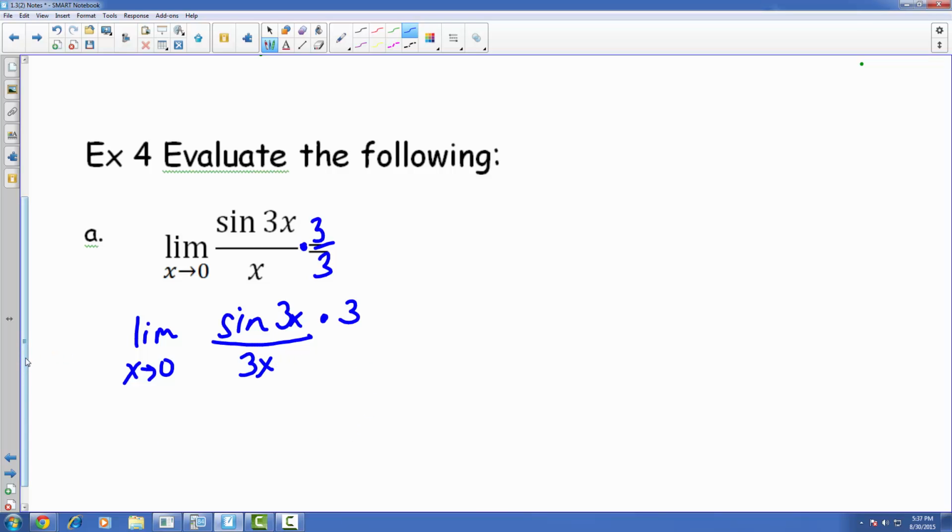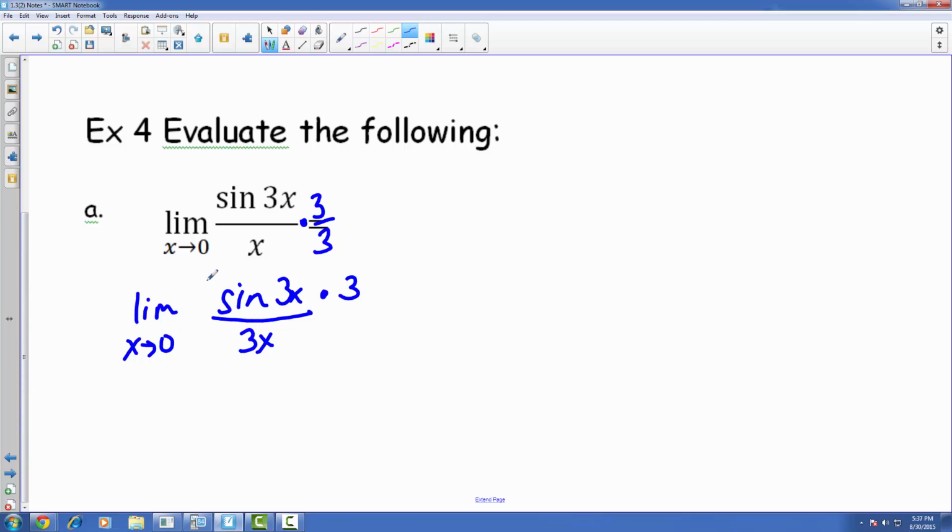There are a couple of different ways that you can do this. Just from our definition, you would realize that this part is just 1 times 3, but a more formal definition that we've seen is that we can take this constant and pull it out in front of the limit, so then we end up with 3 times the limit. I'm just showing the long way so we can see it using the definitions.